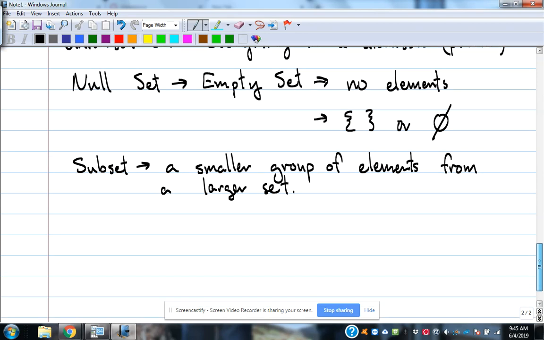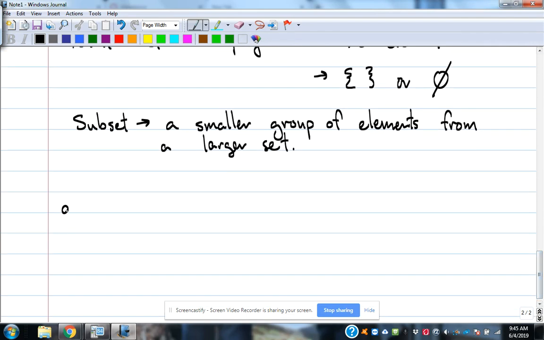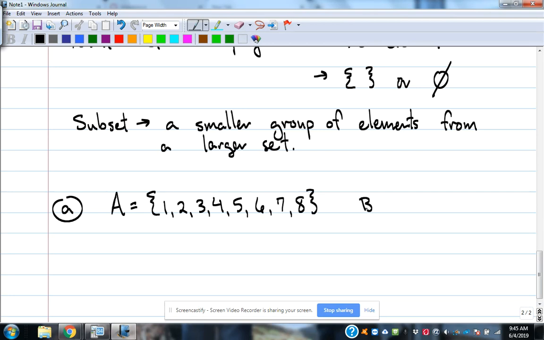So let's take an example here. And let's say we have set A. And we're just going to list the numbers 1 through 8 for set A. 1, 2, 3, 4, 5, 6, 7, 8. And set B is another set that has the numbers 2, 5, and 7 in there. Curly brace didn't look real good there. Let's fix that. Okay.